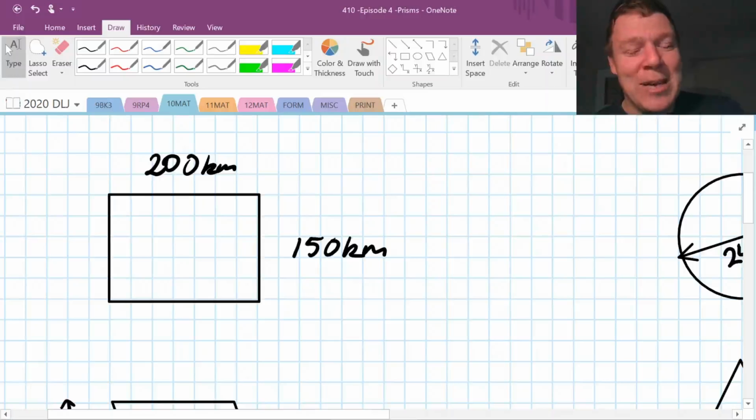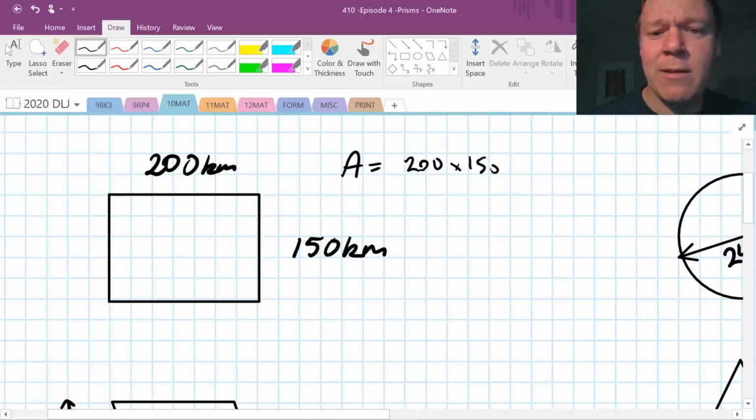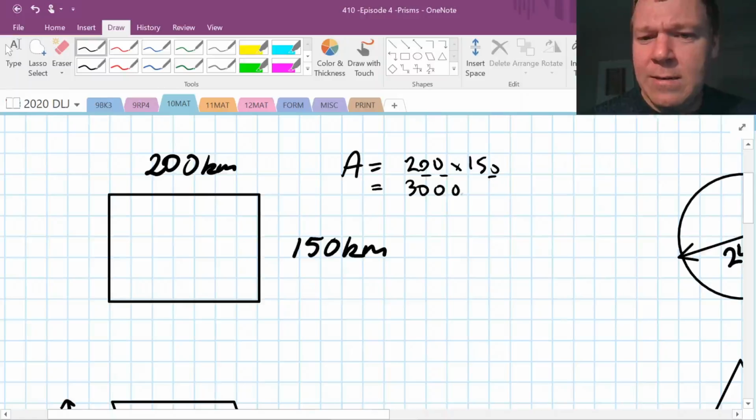All right, rectangle area, very easy. You just multiply your two numbers together. So if we're getting the area of this, then that's going to be 200 times 150, which is going to equal, well, 2 times 15 is 30, and then we got 3 zeros to tag on the end. 30,000 kilometers squared.